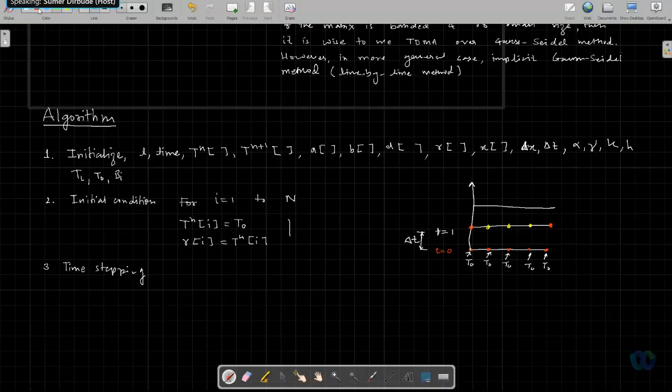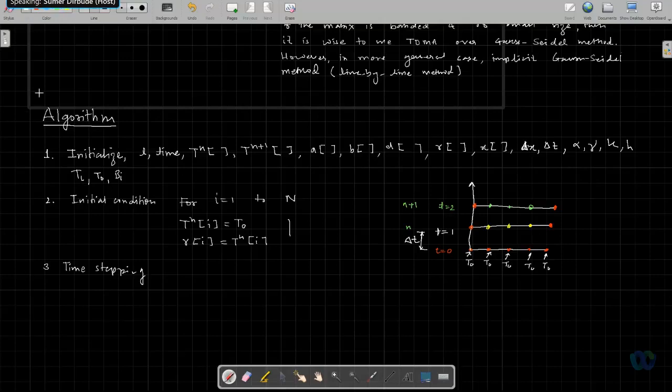So again, we have a boundary condition here, and we find the interior point values from the previous time, at t equals 2. And then we keep on doing this, and we stop at the moment where the n plus 1 value and the n value do not vary. We stop there.